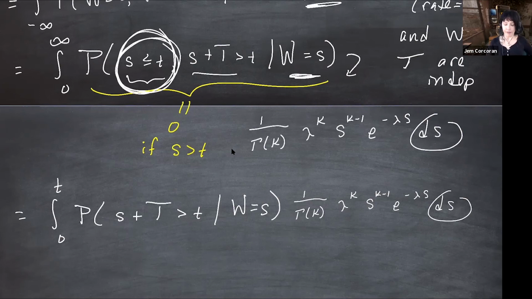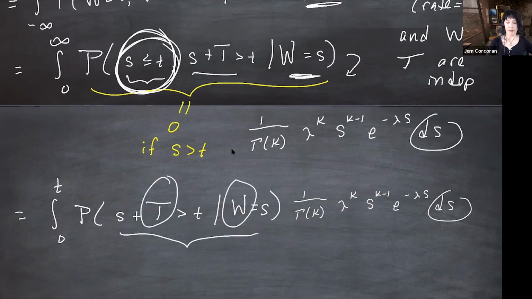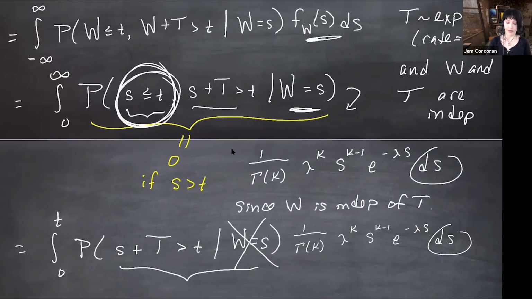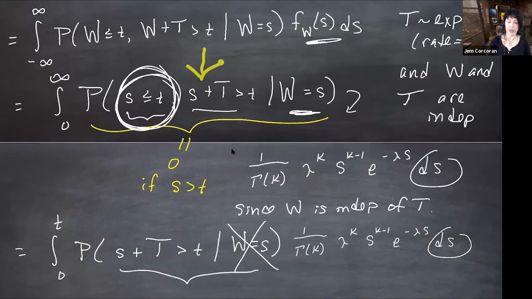Okay. Now, over here, I only have a T on the left side and only a W on the right side. And because they're independent, to compute this probability involving T, I don't need to know anything about the W. And that means that I can drop this W since W is independent of T. So one mistake I see a lot is, from here to here, I plugged in the information known about W. And so now there's no W's on the left side.